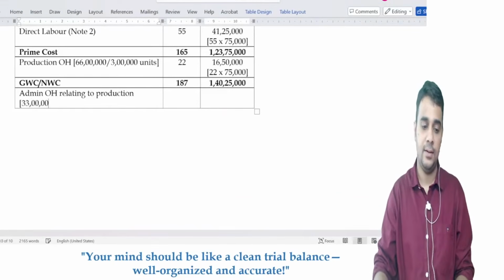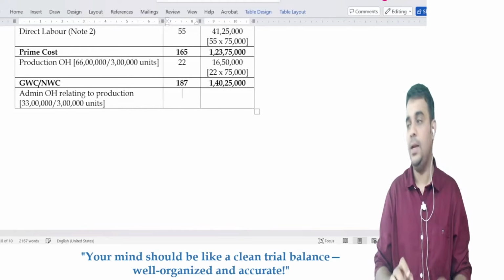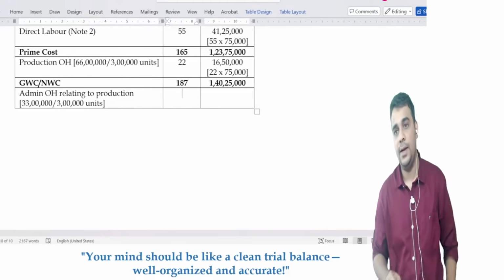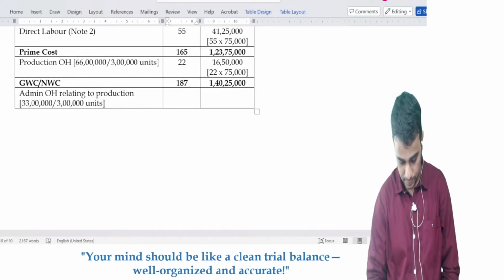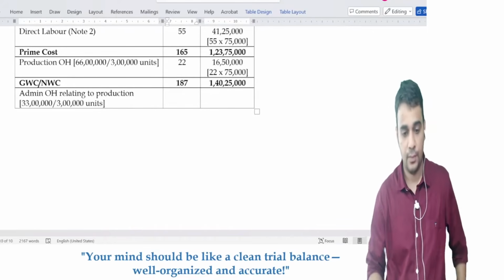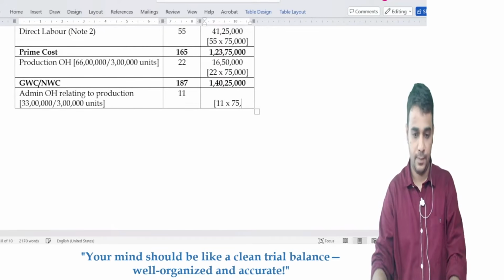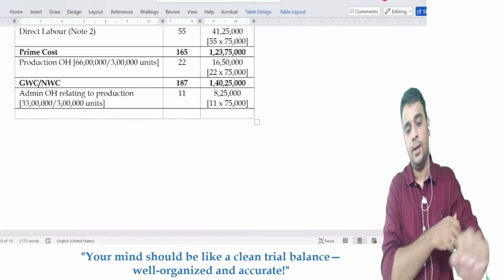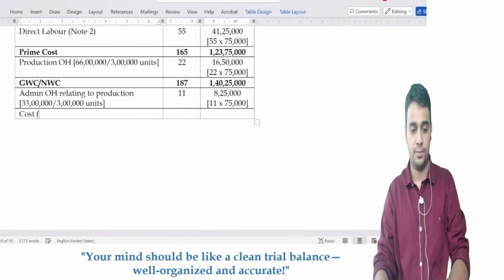33 lakh divided by 3 lakh units. 11 per unit. 8 lakh 25,000. Cost of production.